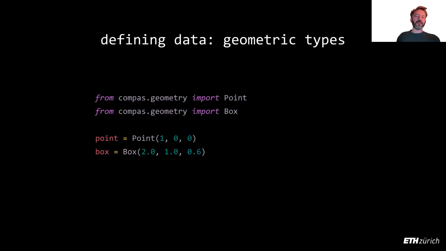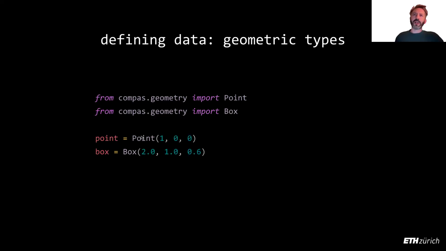We might also want to define geometric types, but Python doesn't have any. For that reason, we use Compass, the library Compass, for all the geometry types. And then we have all the usual suspects, points and boxes and vectors and this and that. The definition of these types or creating one of these types looks more or less like this. We have the variable name equals to the type that we're creating.